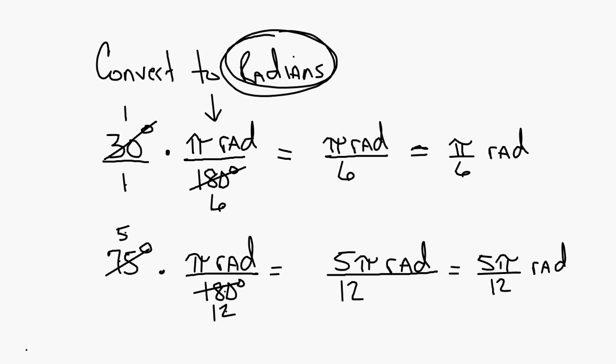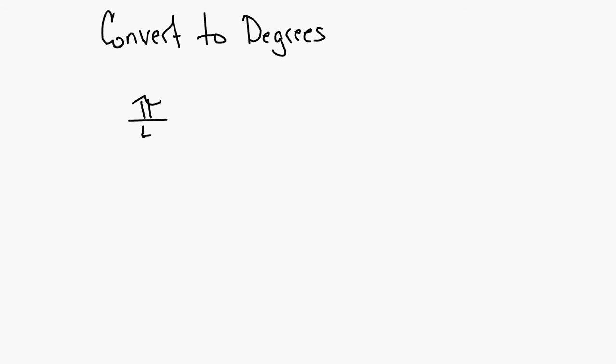Now, if you're converting to degrees, and you've got pi over 4 radians, we're converting to degrees, so that 180 degrees has to be in the numerator, and your pi radians is in the denominator.